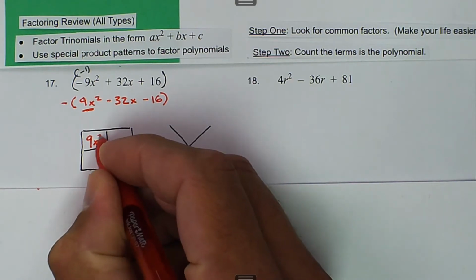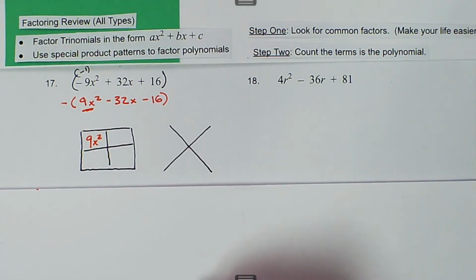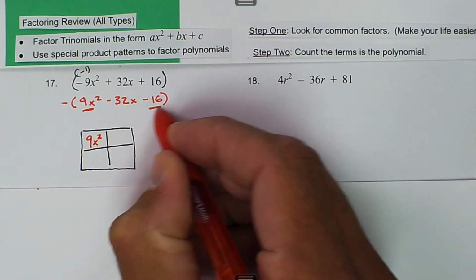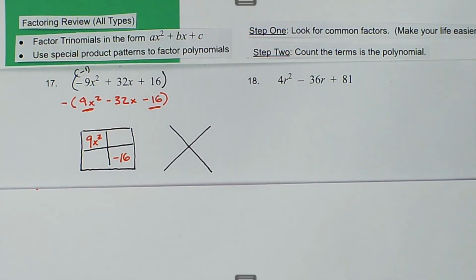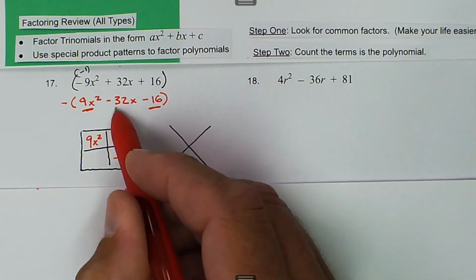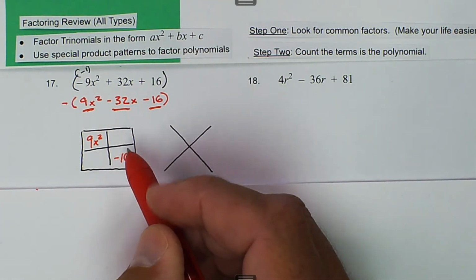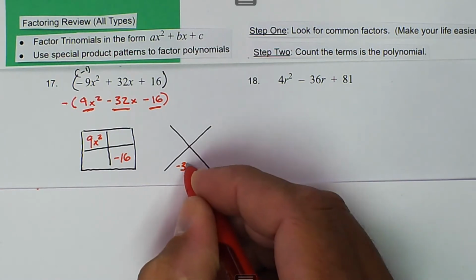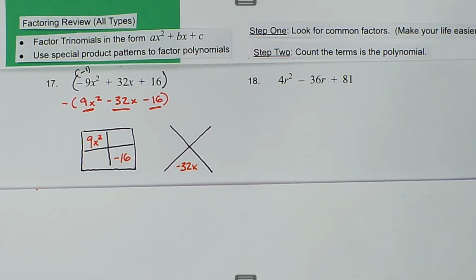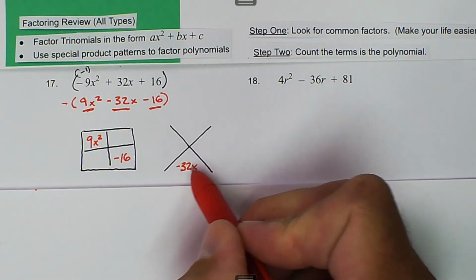So we have 9x squared, we write the whole thing down there. And the last term goes in the last box, so we have negative 16 there. And negative 32x goes in the bottom of the X.